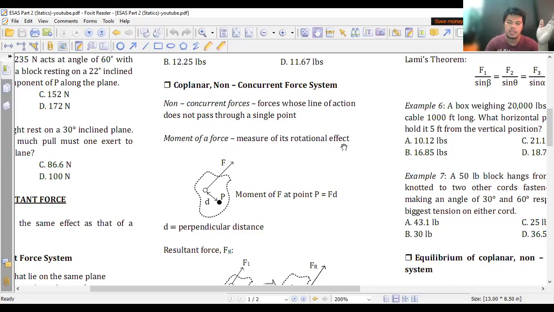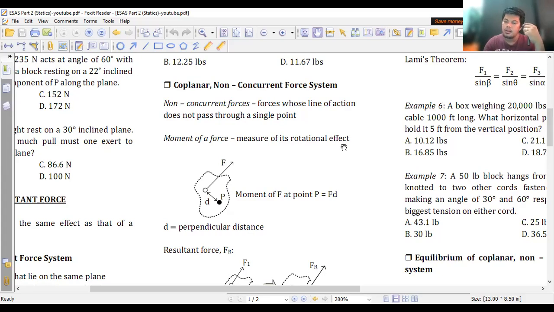Moment is defined as the measure of its rotational effect, which can be defined as the magnitude of the force multiplied by the perpendicular distance to the given point.